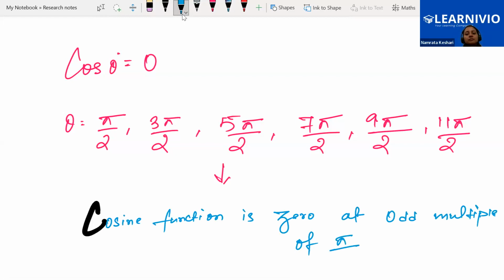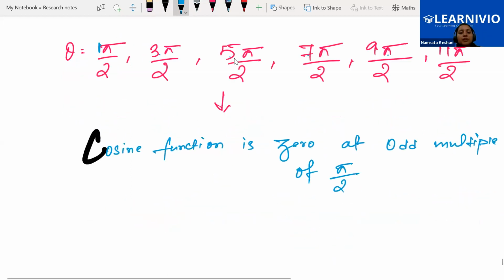See, 1 pi by 2, 3 pi by 2, 5 pi by 2, 7 pi by 2. Can we say that, Ali and Alina? Yes, ma'am.